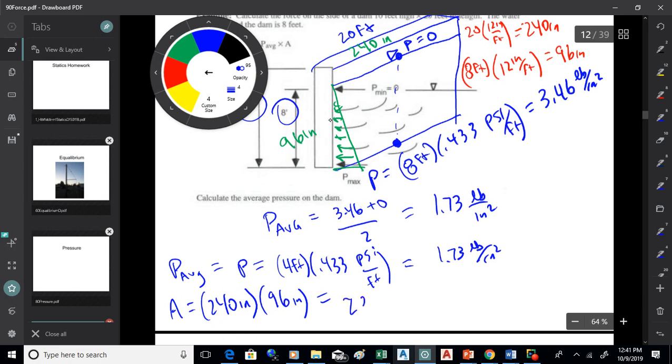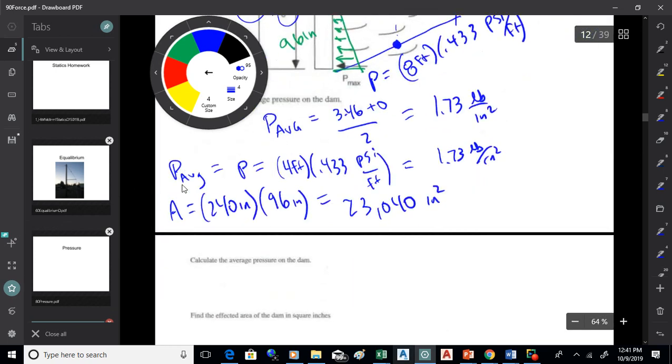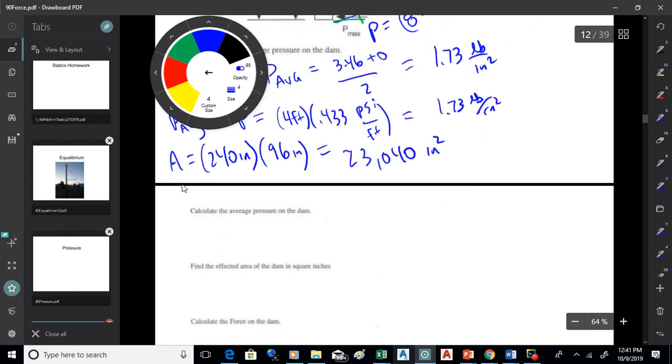Okay. And then just multiply it out. That's the area. You've got the pressure. Multiply them together, you'll get the force. And once again, you're going to get a big force, okay?